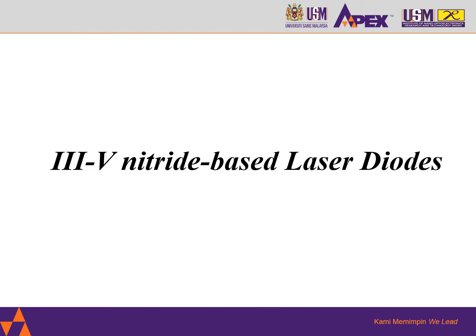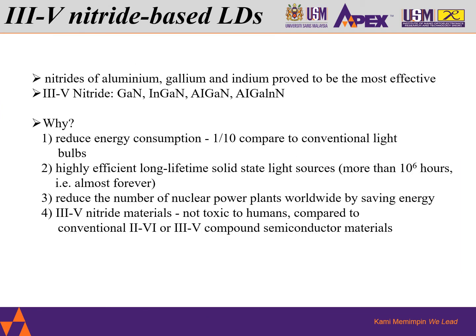III-V nitride-based laser diodes. Various systems were investigated for LEDs and LDs. The nitrides of aluminum, gallium, and indium proved to be the most effective. III-V nitride consists of GaN, InGaN, AlGaN, aluminum, gallium, indium nitride. Why? These materials reduce the energy consumption by 1 to 10 compared to the conventional light bulbs.